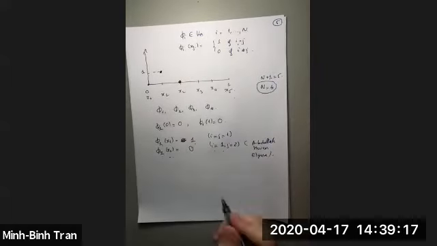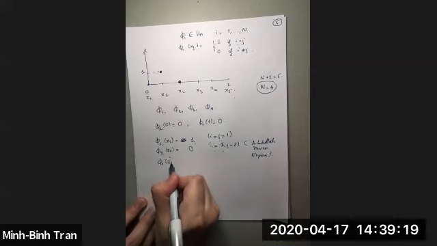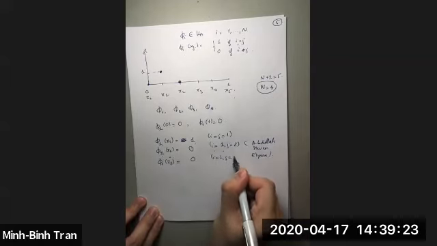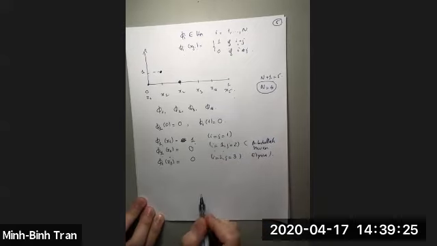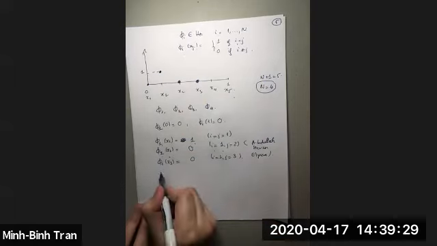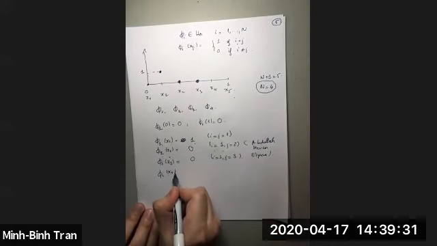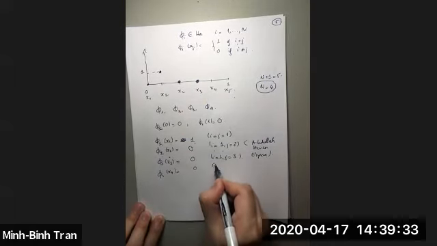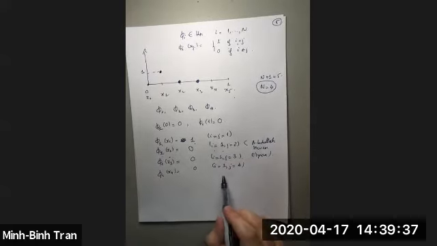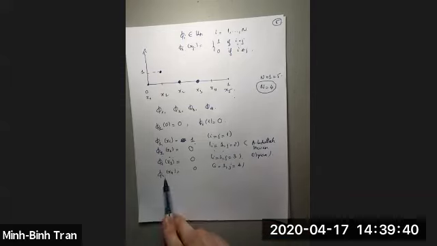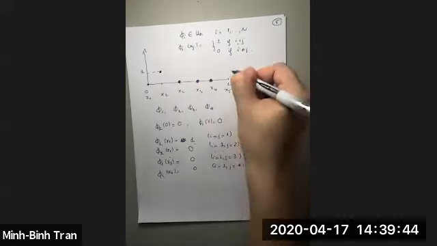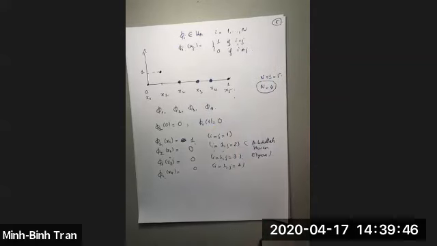Now I'm gonna have phi1 of x3. This is also 0 because i is 1 and j is 3. So phi1 of x4 will be 0, since i is 1 and j is 4. 1 and 4 are different, so this should be 0. And of course, here you have 0, right?